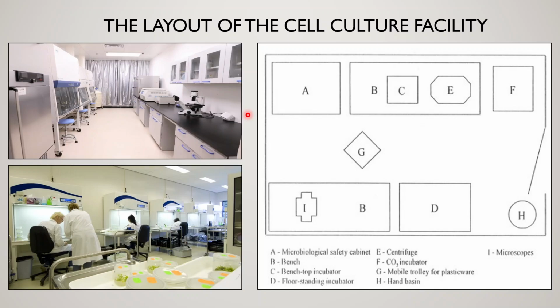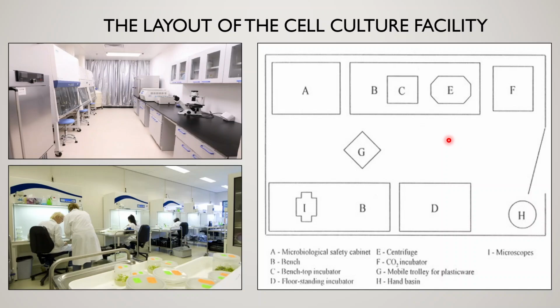Now, after we enter the core cell culture room, we need to have proper designated areas, somewhat like this, for each of the necessary components, and each of them must be placed in an order to make efficient utilization of the space and maximize the effective work area, as well as prevent the culture space from coming in direct contact with outside air.